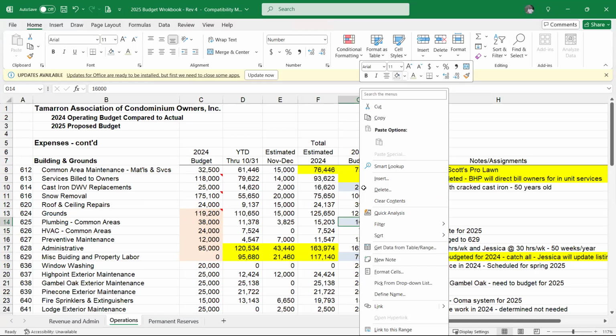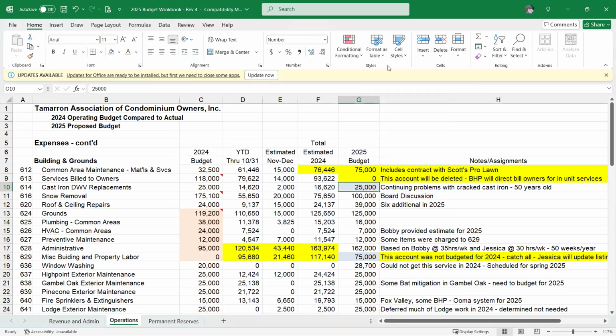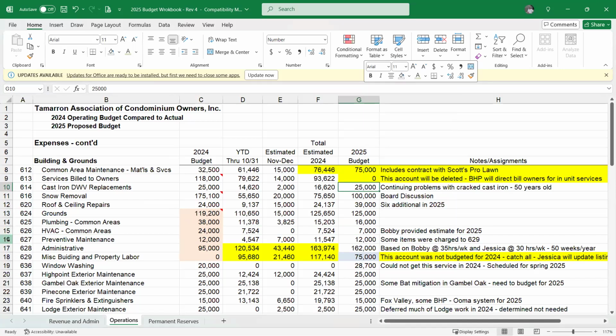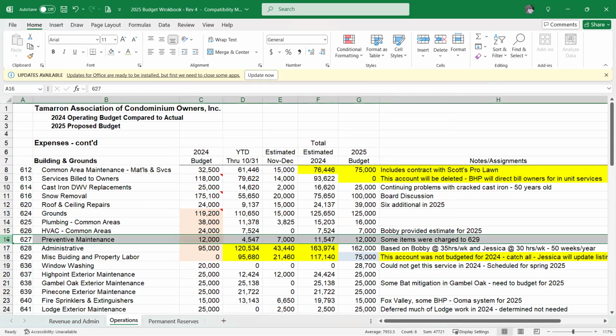I want to catch up here a second. Okay, preventive maintenance. What is this? I want to make sure that this is not where the owners get their furnace filters replaced, because that's inside the units.